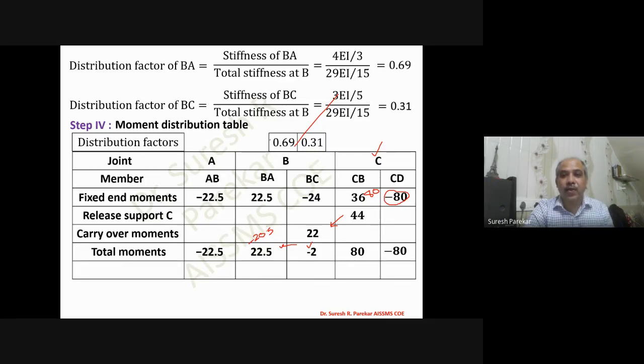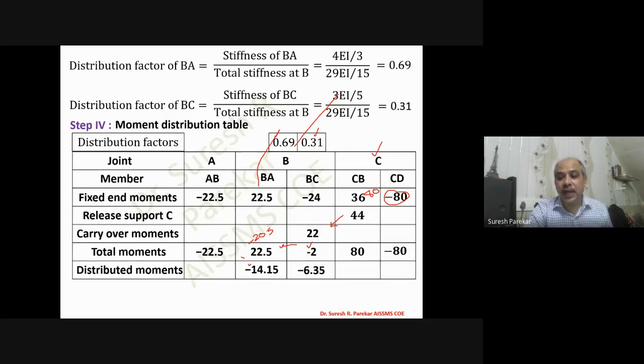Minus 20.5 is distributed into 0.69, which is for BA, and 0.31, which is for BC. So minus 20.5 into 0.69 gives you minus 14.15, and minus 20.5 into 0.31 gives you minus 6.35. You can see the addition of these two should be minus 20.5.